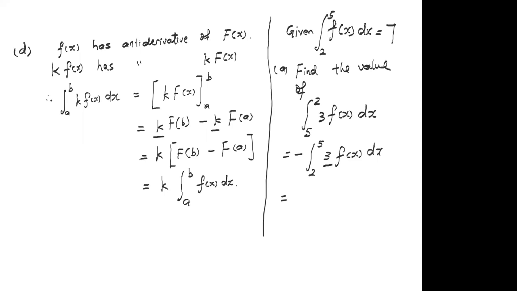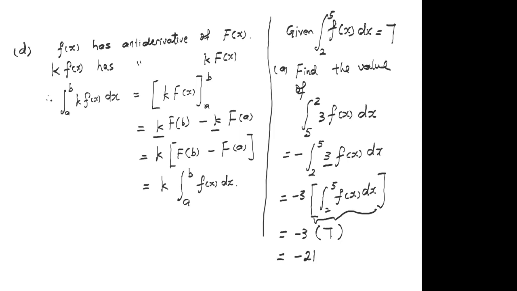So I take out the negative 3. So this is integral 2 to 5 f(x) dx. So this will be equal to negative 3. The question gives me the value for this one is 7. So answer is negative 21. So I'm just applying the rule. So all in question 5 of your textbook, after you prove the rule, you must know how to use the rule.